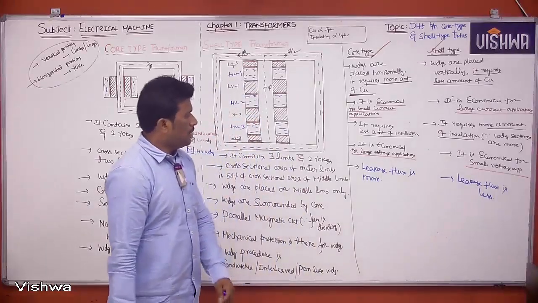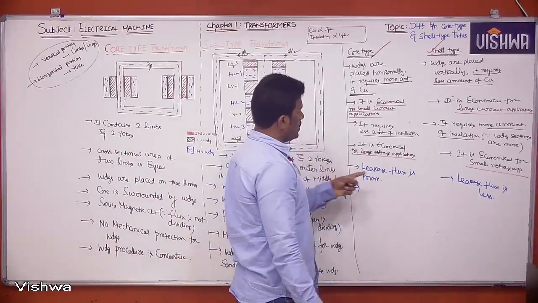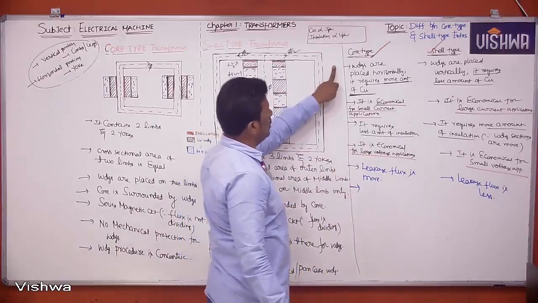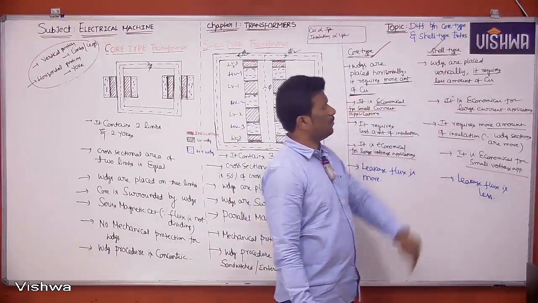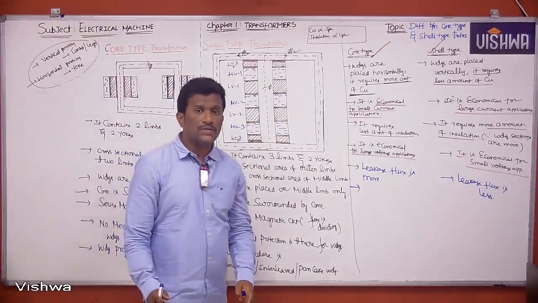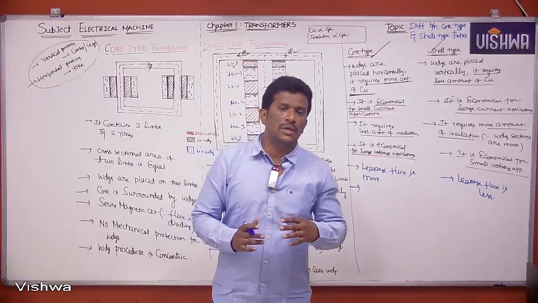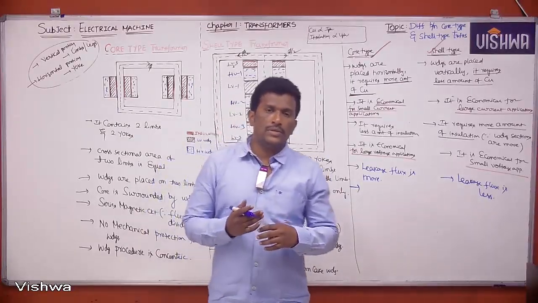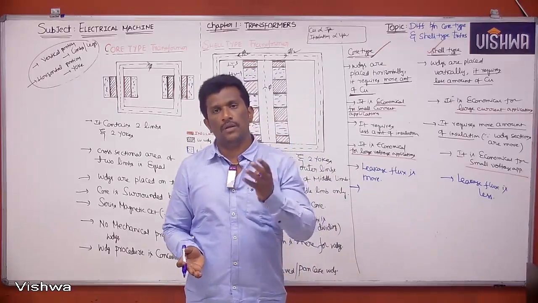Next, guys, here is one important thing you have to focus on. Leakage flux is more in core type, and leakage flux is less in shell type. Now, generally leakage flux should be less. Whenever leakage flux is less, useful flux will be more and power transfer capability will be more.